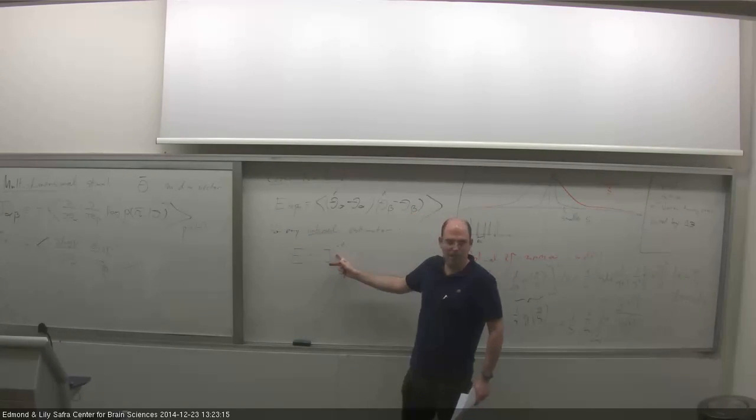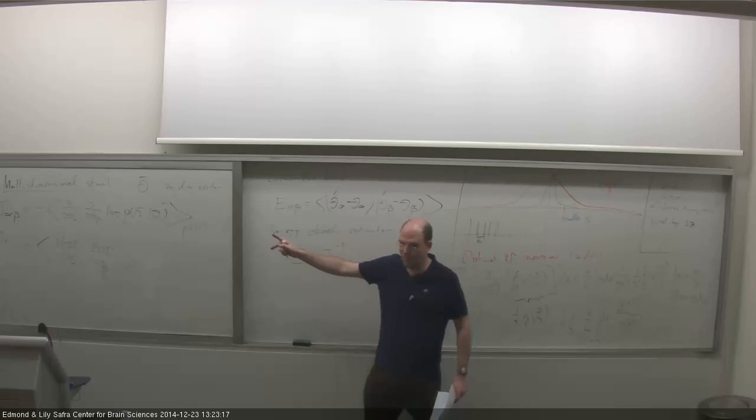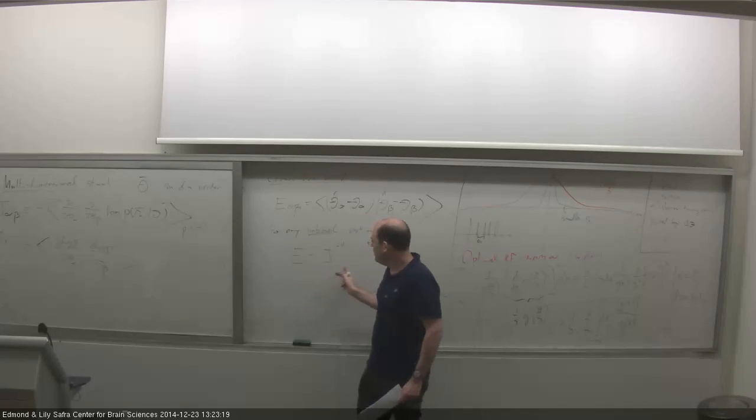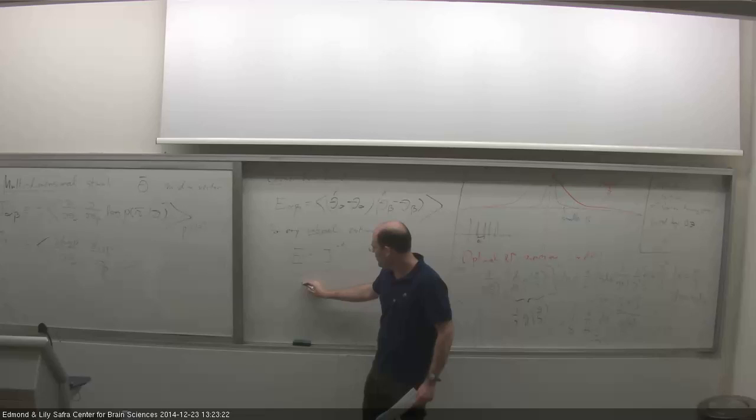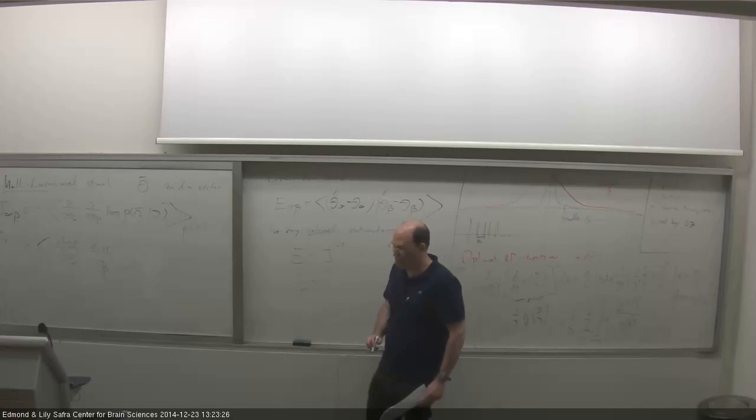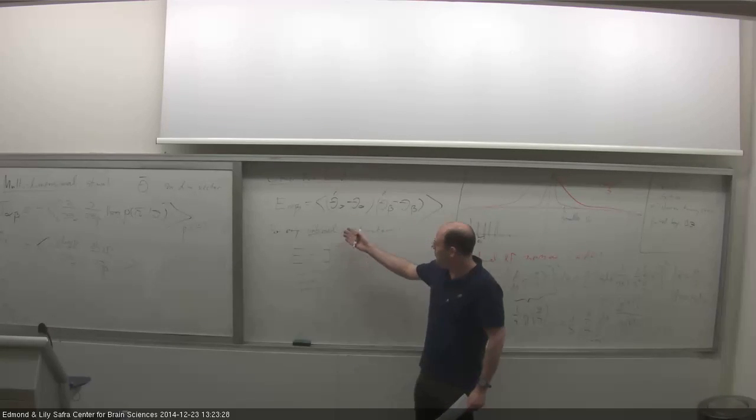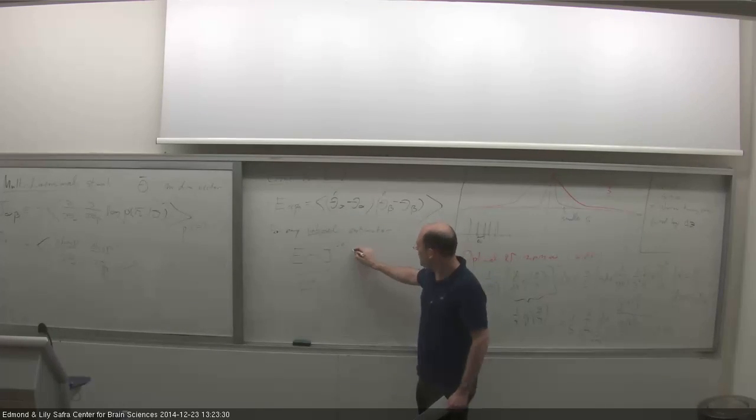And by J minus 1, I mean the inverse of the Fisher information matrix. So everything here is an m by m matrix. And the theorem states that if the estimator is unbiased, then this is a positive definite matrix.